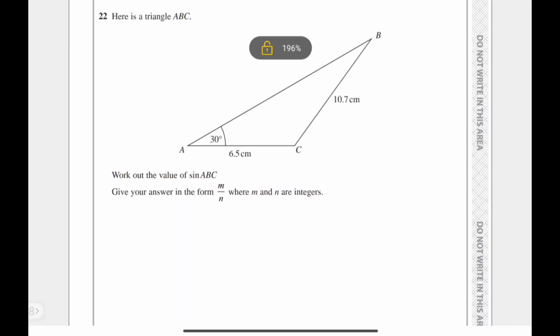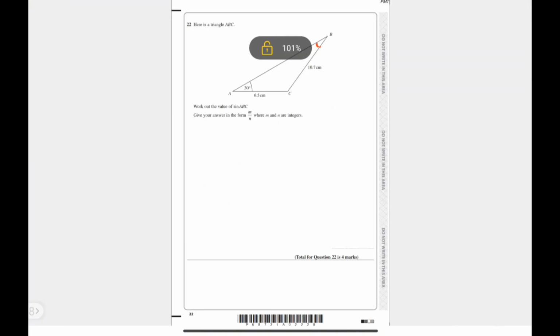So here is a triangle ABC. Work out the value of sine ABC. Give your answer in the form m over n, where m and n are integers. Okay, so sine ABC. So I believe they're asking us to find the sine of this angle, if I'm not wrong.